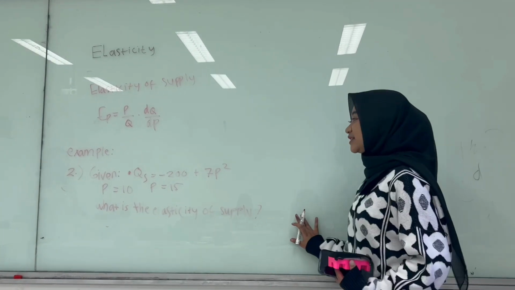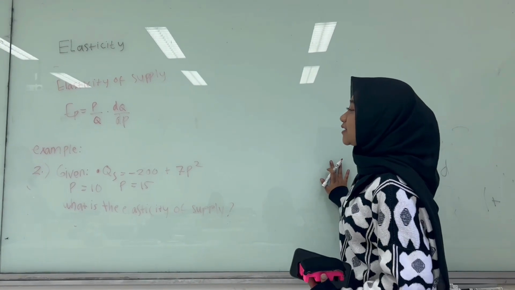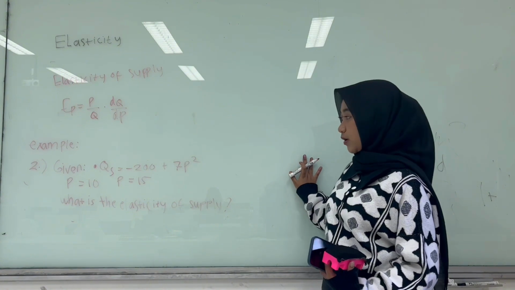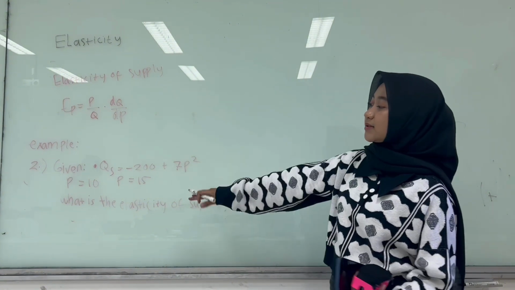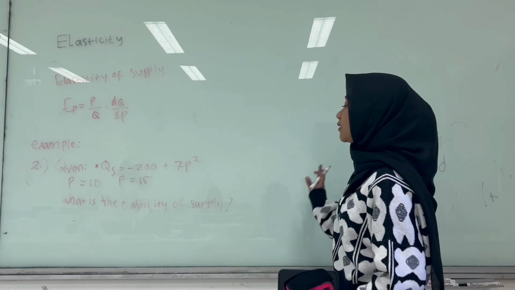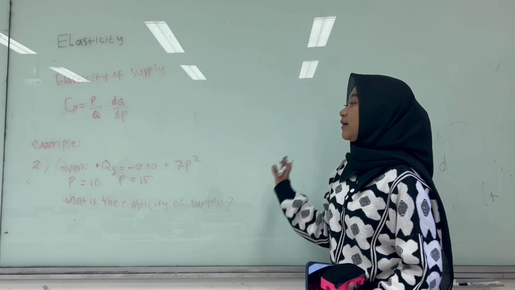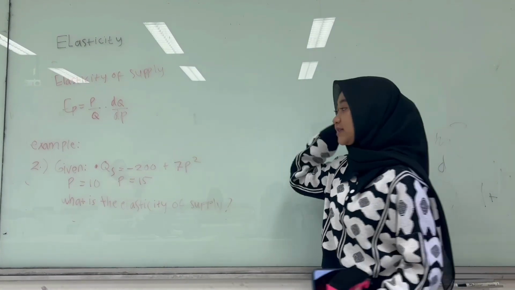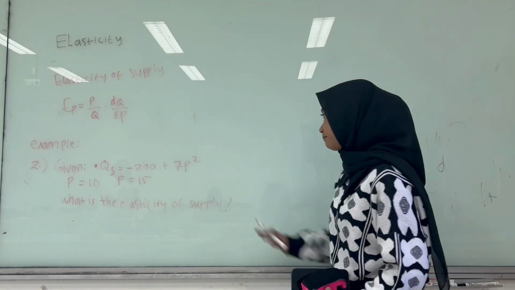It's given that QS is minus 200 plus 7p², and the prices are 10 and 15. So we should find the elasticity when the price is 10 and when the price is 15.